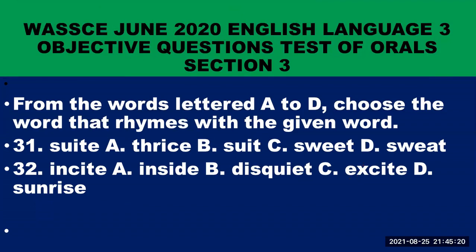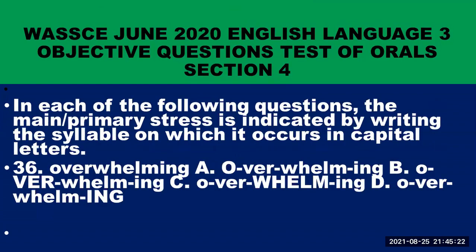Okay, so let's go to section 4. In each of the following questions, the main or primary stress is indicated by writing the syllable on which it occurs in capital letters. You will find a video I have uploaded on word stress, and another on rhymes.